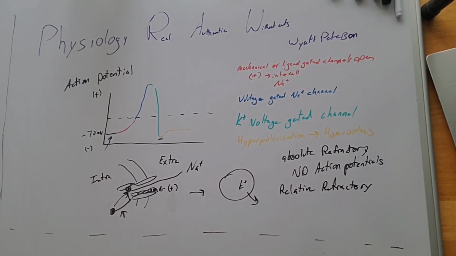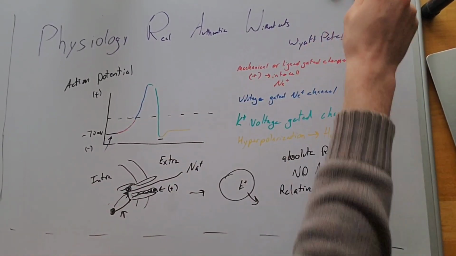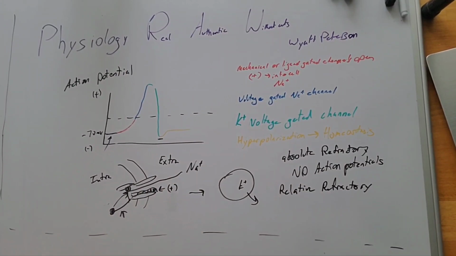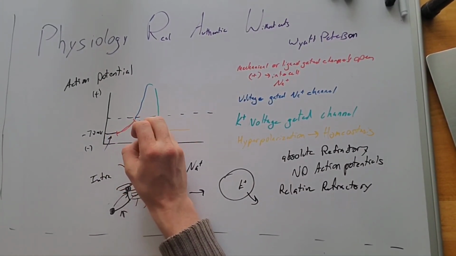Compare and contrast. So graded potential is this right here. Graded is just a solid travel, a solid depolarization of the cell membrane.